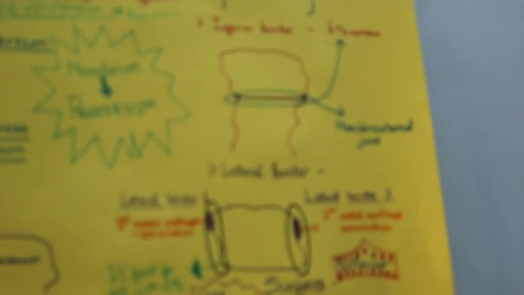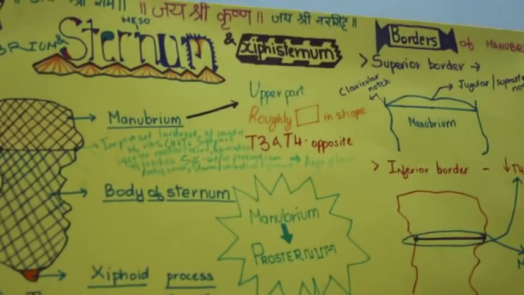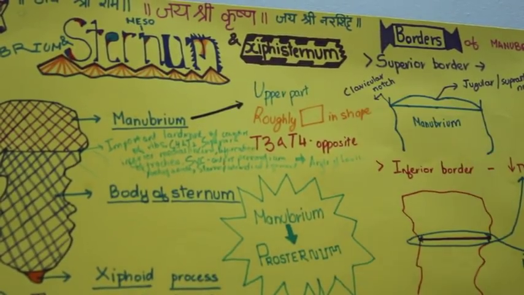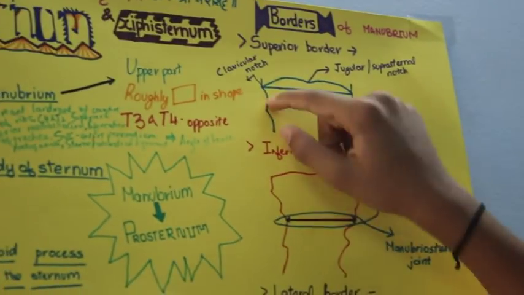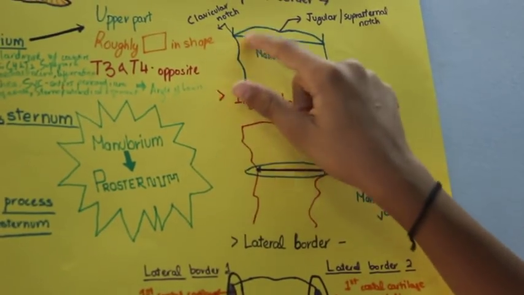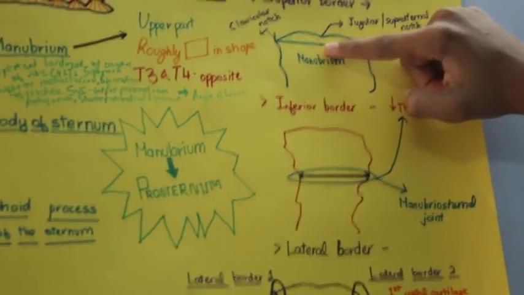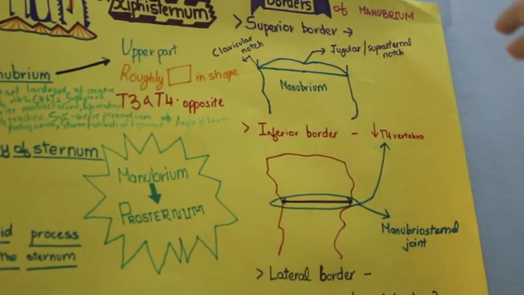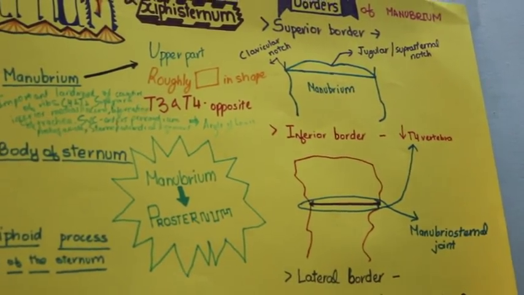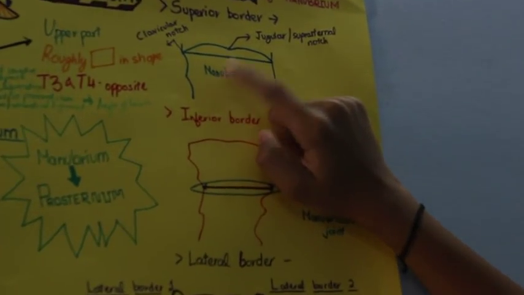The clavicle has a connection to the sternum here, which is called the manubrioclavicular joint or the sternoclavicular joint, and that happens here because there's a notch over here for the connection. The jugular or suprasternal notch is present over here. So suprasternal, in the sense, means a notch at the superior portion of the sternum bone. So this is the suprasternal area, and this is the manubrium.